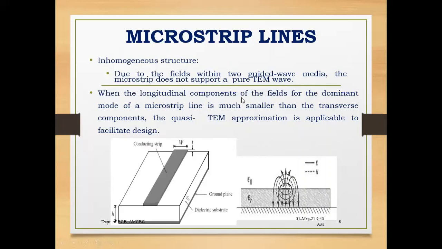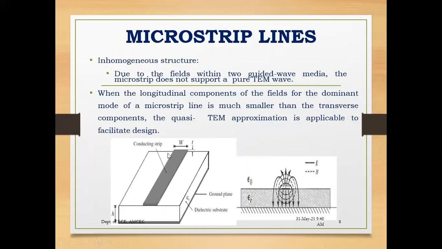When the longitudinal components of the field for the dominant mode of the microstrip line are much smaller than the transverse components, the quasi-TEM approximation is applicable to facilitate the design. This is similar to what we said earlier: it is an open structure, so the electric field is outside in the air. Because of that, we go for the quasi-TEM approximation.